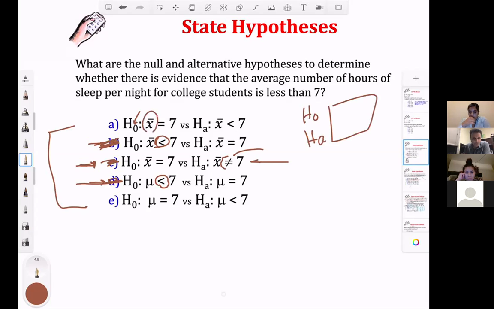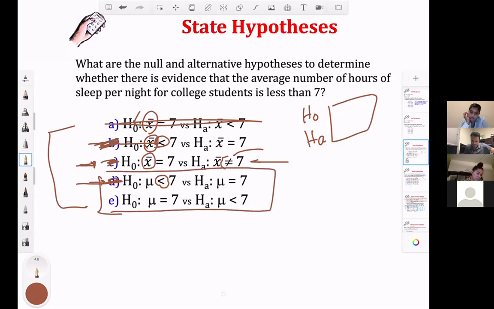So this is related to the sample, so it is out. Another way to eliminate them, because they are using a statistic, but we have to use a parameter for the population. So ABC was easy to eliminate because they use X bar. Now between D and E, D is out because we have inequality here. E is correct. It also should make sense.